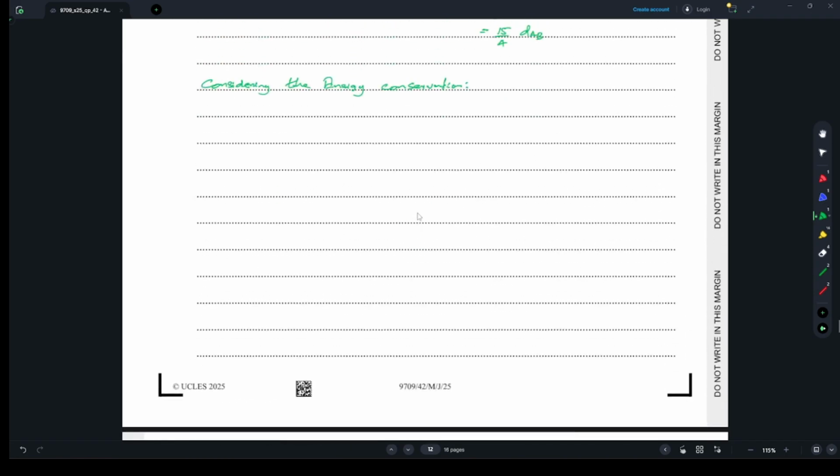So I can write here: kinetic energy at A, that is the total initial one, minus the potential energy at B equals the work done. So kinetic energy was 96, minus potential energy was 15 DAB, equals the work done, which was 15 over 4 DAB. So from this you can solve for DAB.